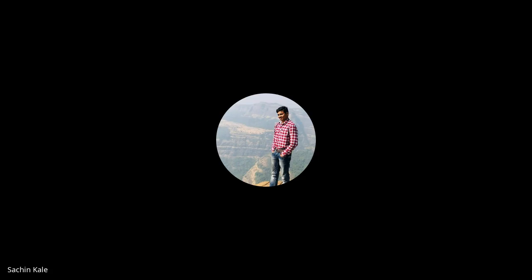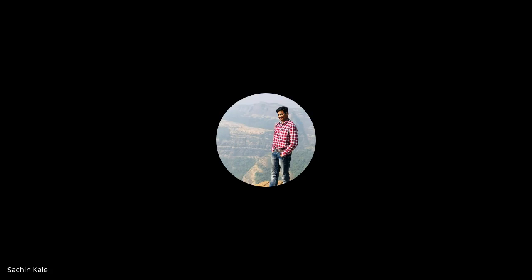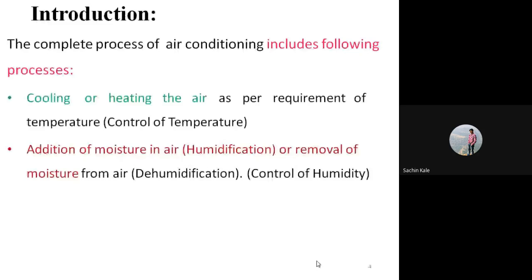So while doing humidification or dehumidification, always keep in mind that for the summer season, the relative humidity of the air should not be less than 60%, whereas for the winter season, the relative humidity of the air should not be more than 40%. While designing any air conditioning system, you have to keep these parameters in mind.